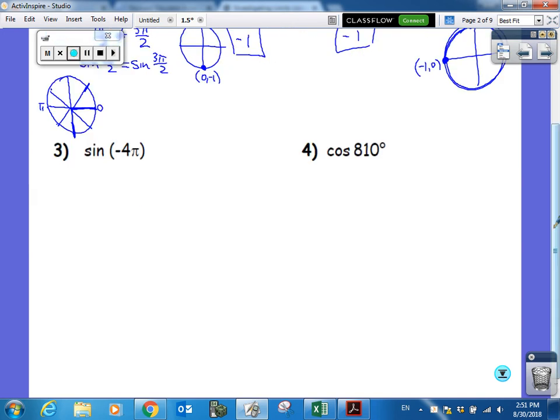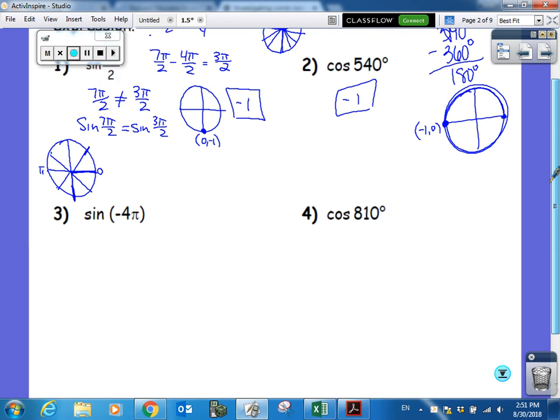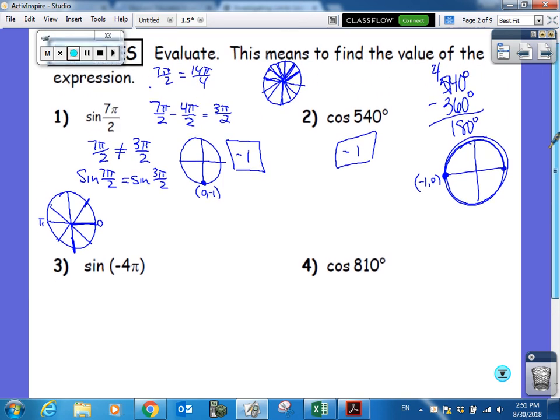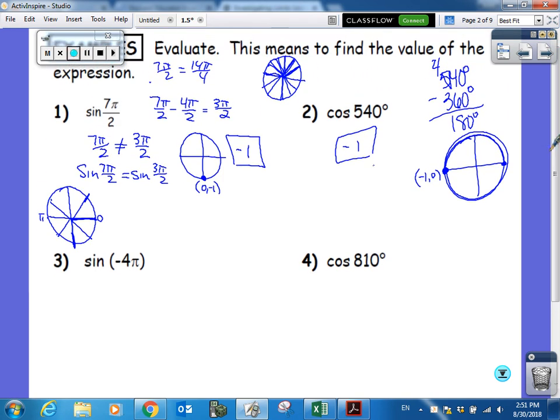Now, also realize that it doesn't say write your answer in degrees or radians. I think a few people are getting confused, and not necessarily this class, but it doesn't say if you want your answer in degrees or radians. Your answer isn't going to be a degree or radian. It's just going to be a value. The degree or radian is always going to be what is attached to the cosine or the sine.